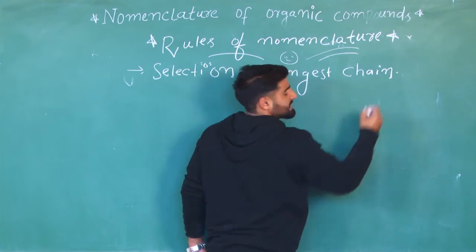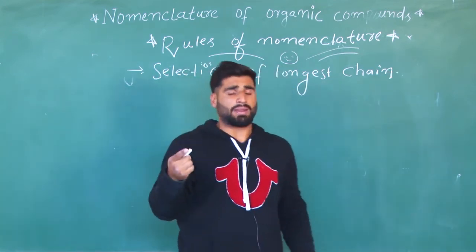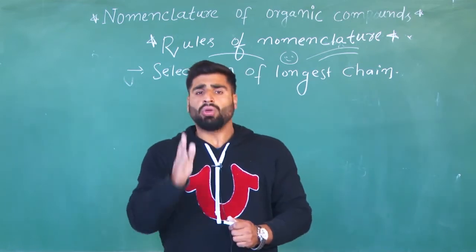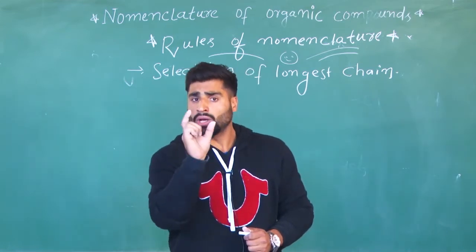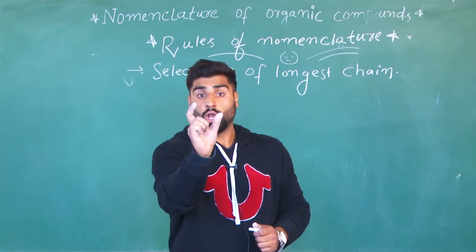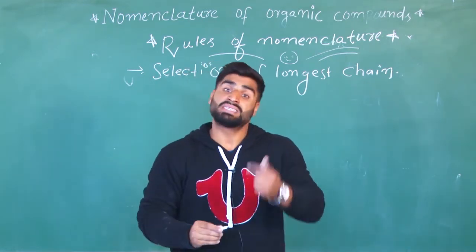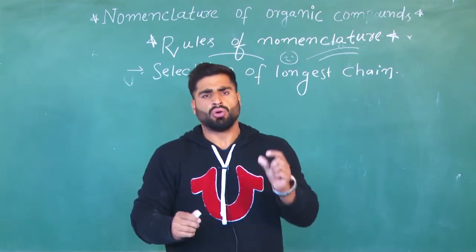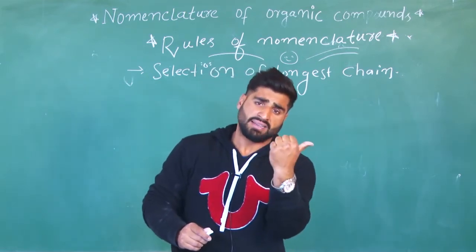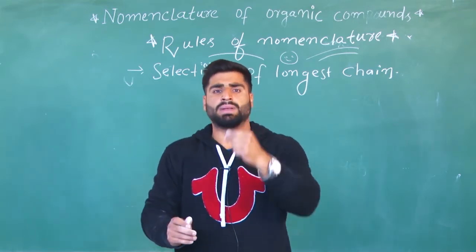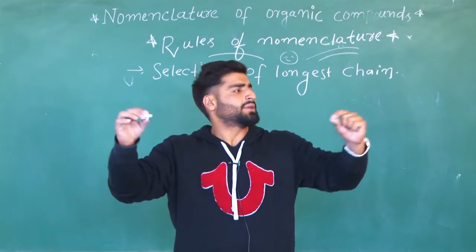We are discussing the nomenclature of hydrocarbons. This rule states that we have to select the longest possible continuous carbon chain present in the molecule. Earlier I stated that carbon has the unique property of catenation, self-linkage. It forms long carbon chains.